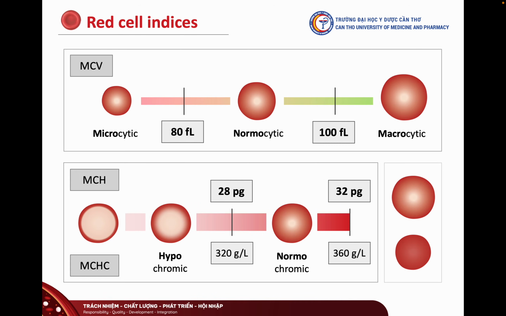Once the threshold is reached, hemoglobin synthesis stops and the cell cannot become more chromic. In older literature, you may still see the term hyperchromic, but that was before these biological limits were well established by researchers.